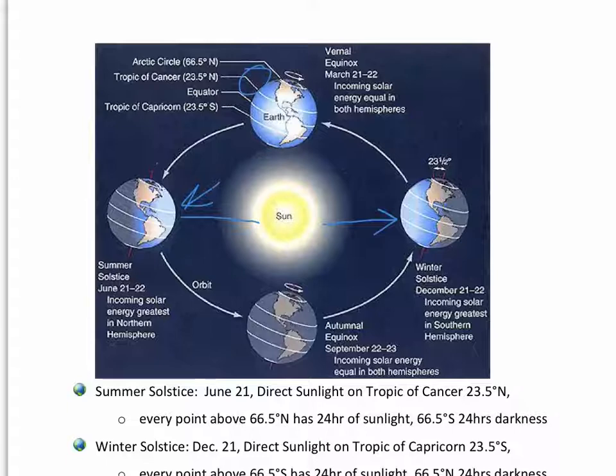So that's where they got that fun name from. That happens to be the opposite of the summer solstice. So where you're getting 90 degrees of insolation striking in the northern hemisphere, on the winter solstice you have 90 degrees of insolation striking down in the southern hemisphere.